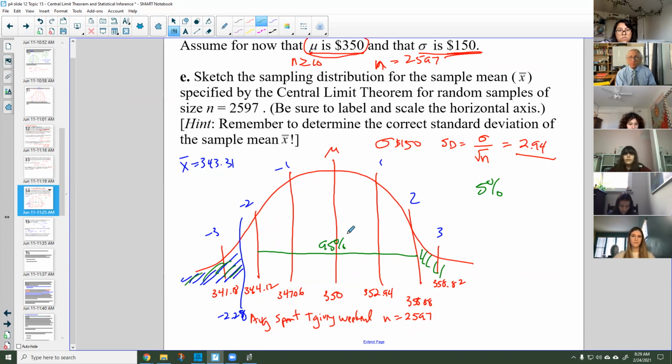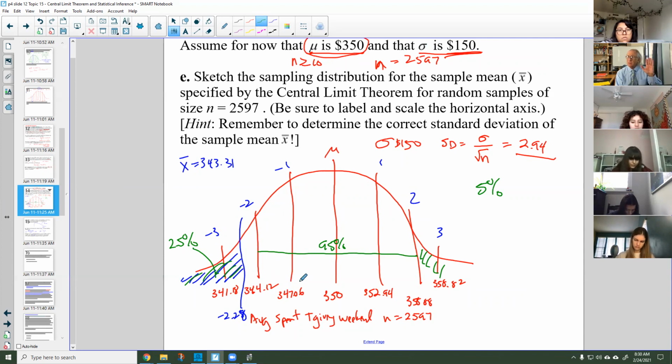In fact, since it's unimodal and symmetric, there's only a 2.5% chance that I would get something less than -2 standard deviations. You follow what I just said there? Yeah. So I'd say this is a surprising number then. That's not a very big probability of getting that low of a number. It's less than 2.5%.